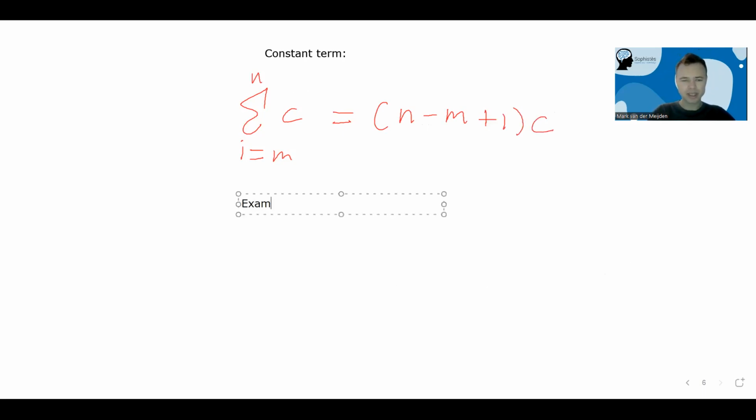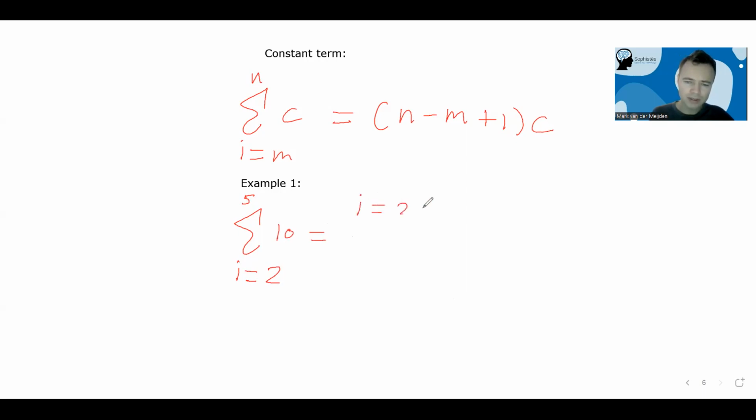So let me show you that this is really the case with an example. Do you remember this example? i is 2 all the way up to 5, and then here we have a 10. Okay. So what you will see is that the first value of i will be 2, right? Then the i will be 3.